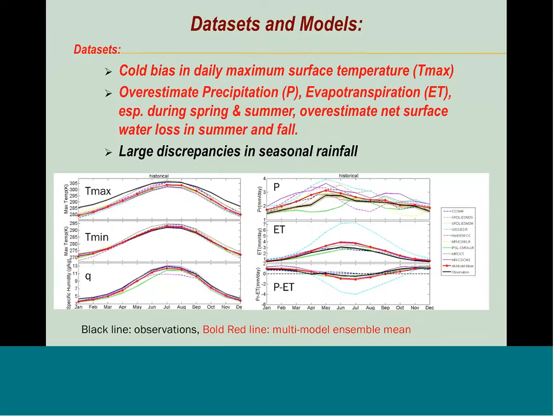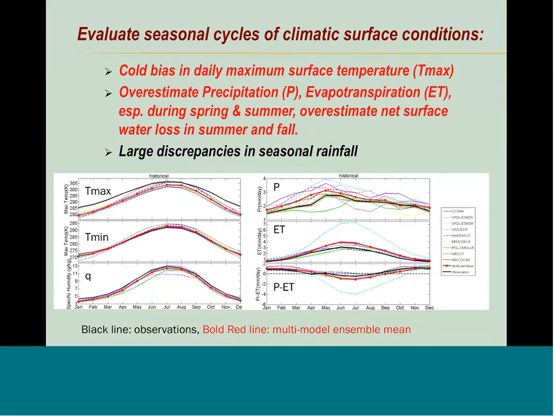This slide shows the comparison between observation and the models for the seasonal cycle of daily maximum temperature, daily minimum temperature, surface air humidity, precipitation, evapotranspiration, and P minus ET over the South Central U.S. domain. The thick black line represents the observation, and the thick red line represents the multi-model ensemble mean.